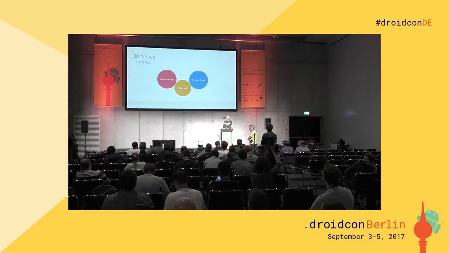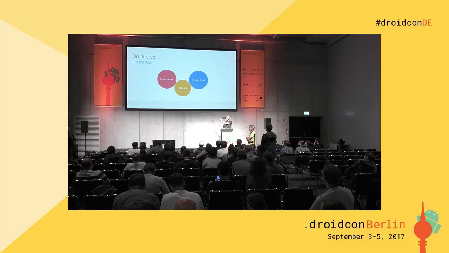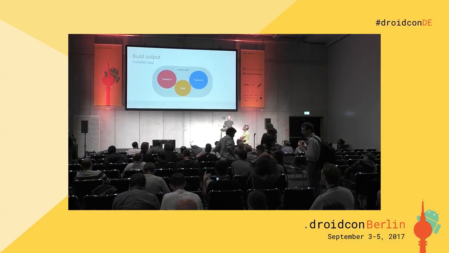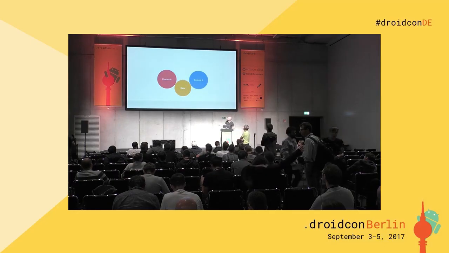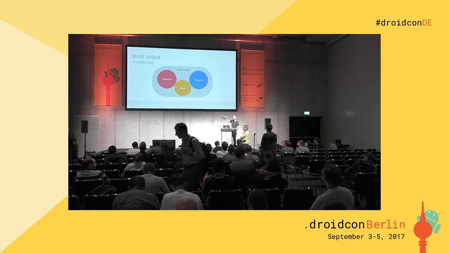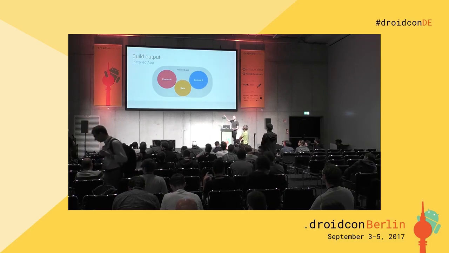This is what it can look like on the device with an instant app. It can have all the different features. And this is what the build output is again. So this is what you will get if you click the install button. The fresh APK gets downloaded with everything inside already.